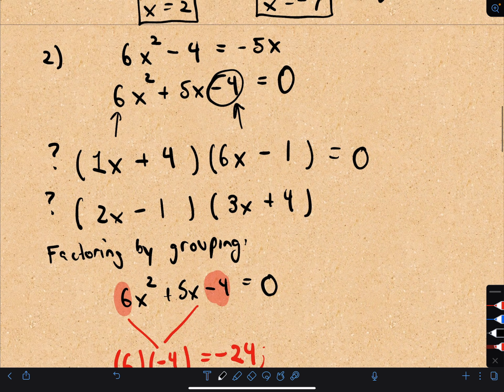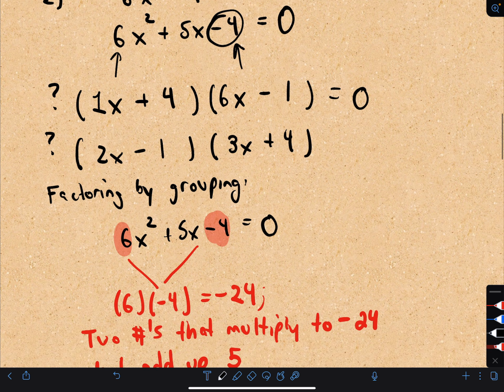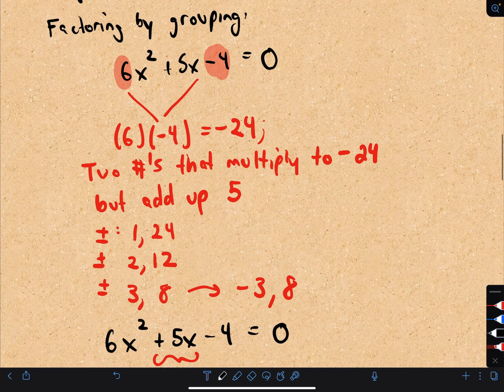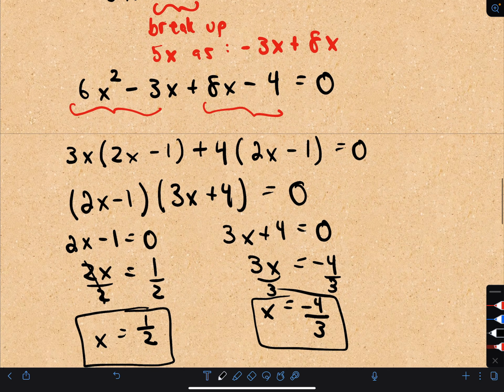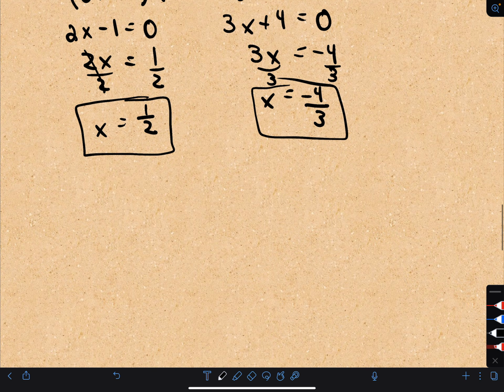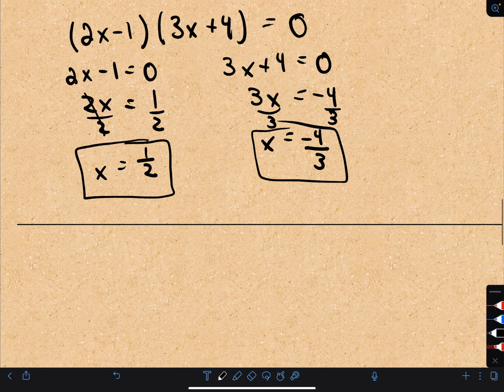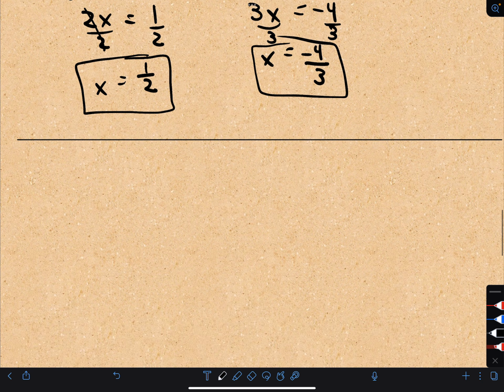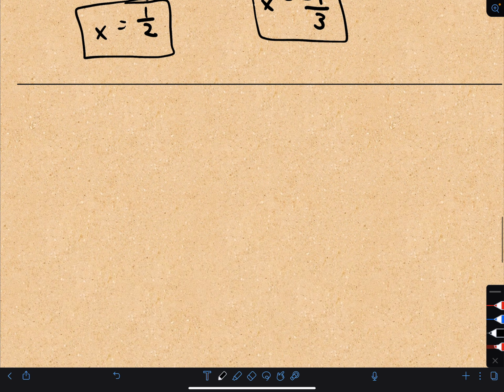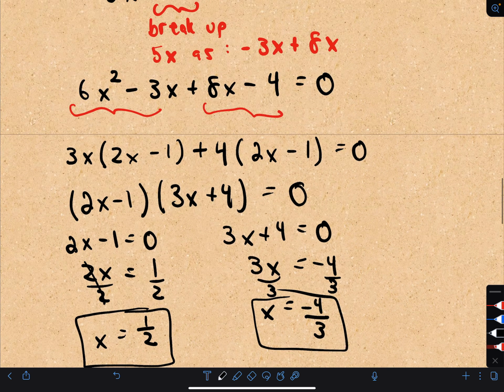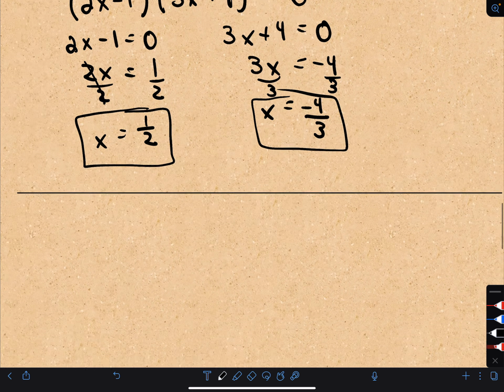To me, it really depends on how many factors the coefficient on x squared has and how many factors my constant term has, because if you have lots of factors, you're going to get lots of possibilities. If your arithmetic is good and fast, you can always do just trial and error if you think that's the quickest way. But factoring by grouping feels like a little bit more of a procedure. Let's look at this same example, 6x squared plus 5x minus 4.